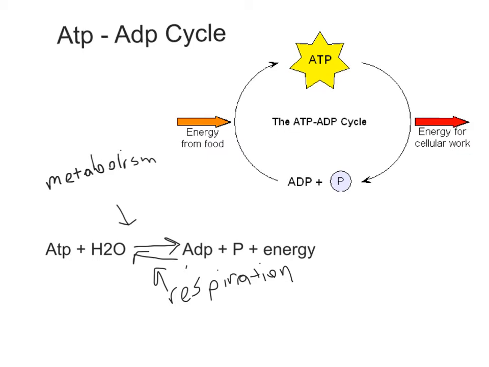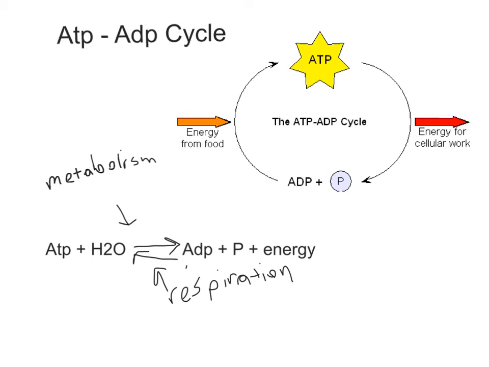That brings us to important terms that I think I forgot in the last video: phosphorylation versus dephosphorylation. Over here during metabolism, you dephosphorylate ATP. Dephosphorylate means you take off a phosphate group. Then as you swing over here, you now phosphorylate ADP.